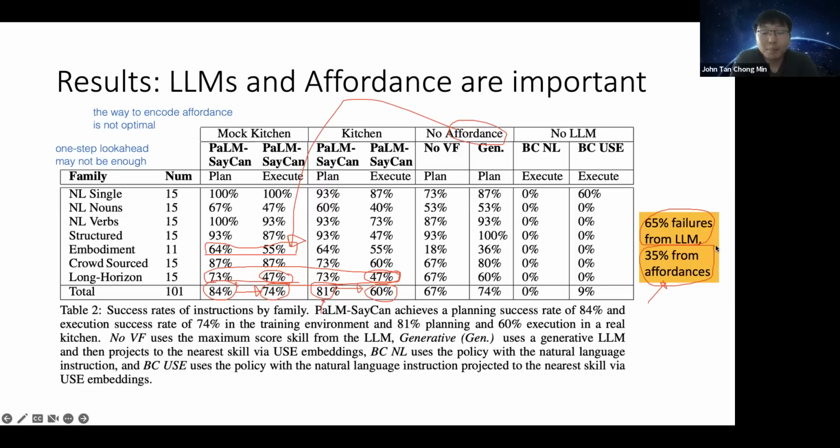This tells us that most of the time, the LLM is the critical part to actually choose the skill, as we saw earlier. The affordance is like the icing on the cake. If your LLM predicts more or less correctly, the affordance is the one that does the final tweak. So you can see from the failure case, this is exactly what is reflected here as well. But overall, we can see that both the LLM and the affordance are important for SayCan.